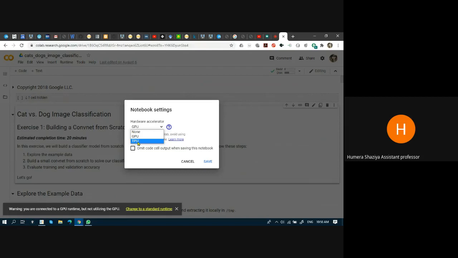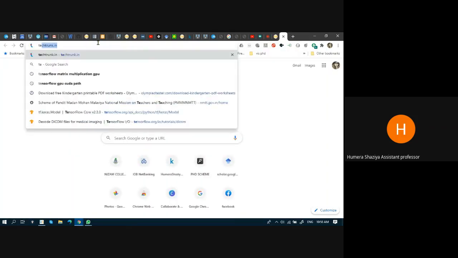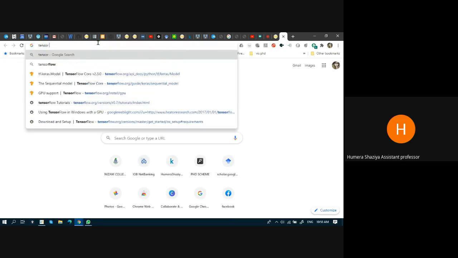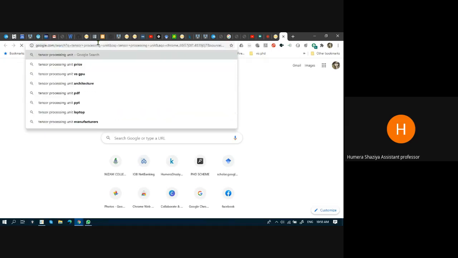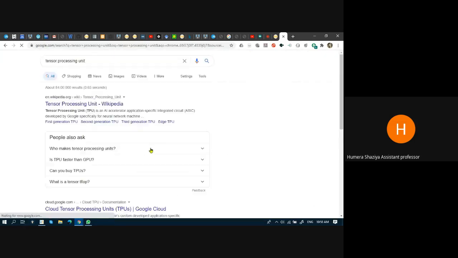They are faster than GPUs, and TPU stands for tensor processing unit, I suppose. Let me check once. Yes, it is tensor processing unit.